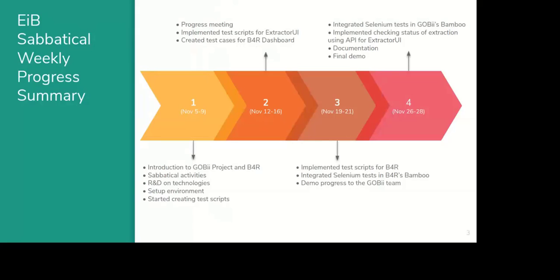So overview on the technologies used, the infrastructure, the development processes, and the tools, the Atlassian tools, so Jira, Bitbucket, and Bamboo, and how they are used both in B4R and GOBii. And then discussion on the sabbatical schedule of activities.